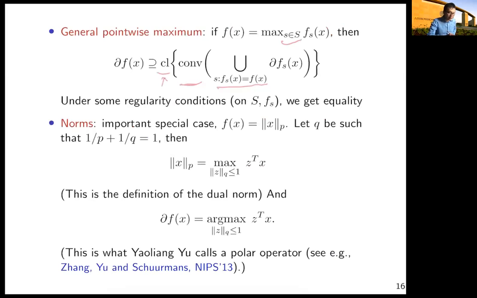Then any point within this set is a valid subgradient of the pointwise supremum.